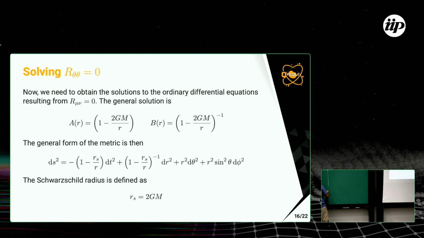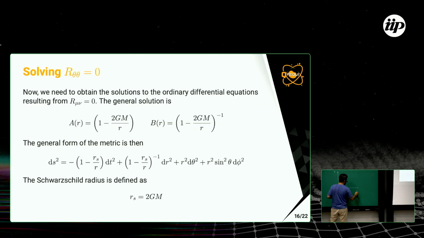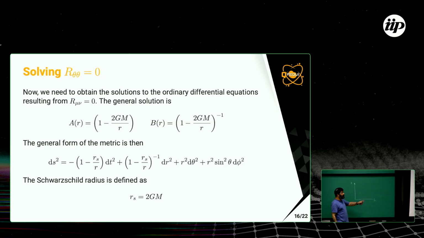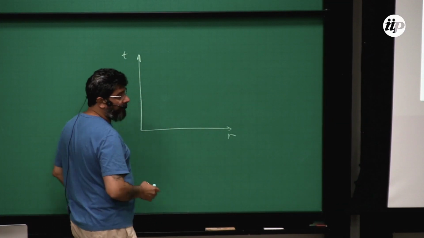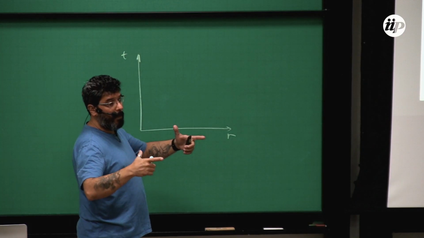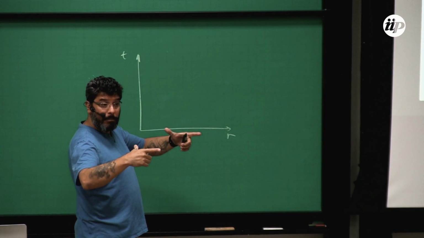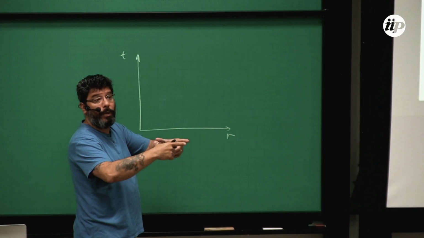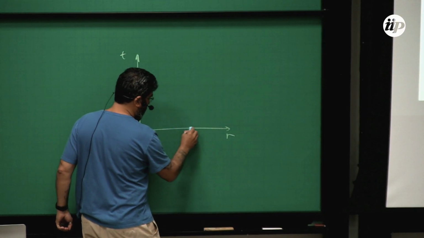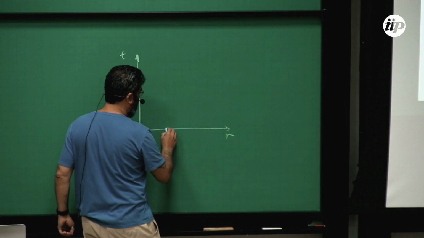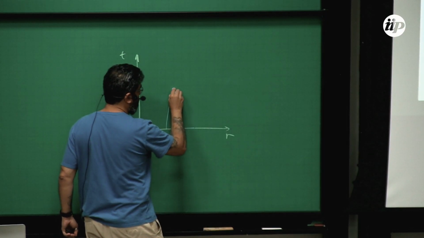let us see T, and here the coordinate R, these coordinates. And then let us think about a spherical distribution of mass that's just collapsing under gravity. Okay, so in one dimension, this goes this way, and collapsing means this.